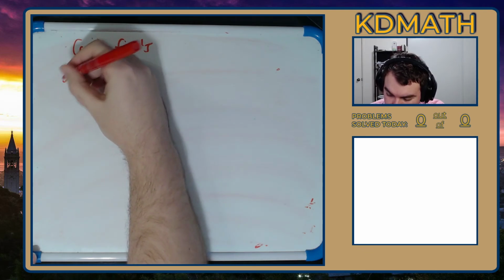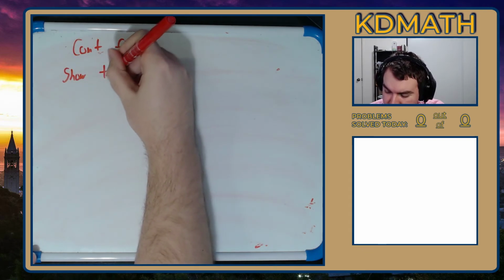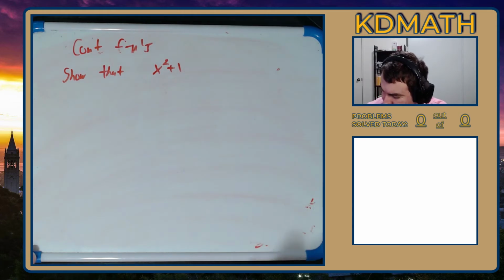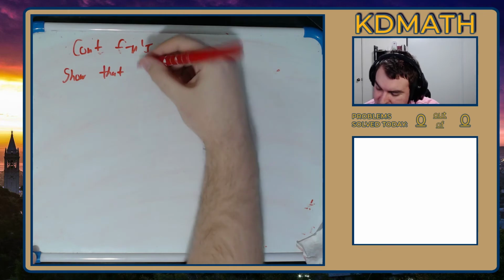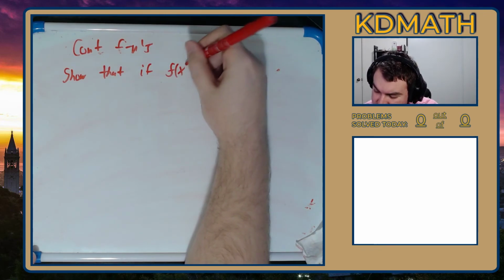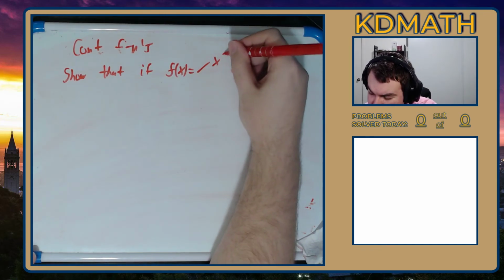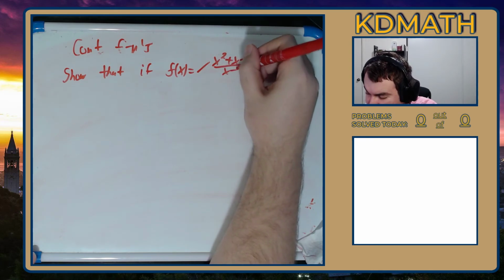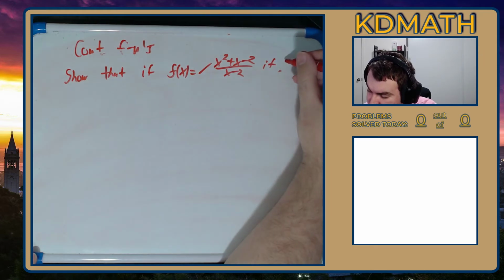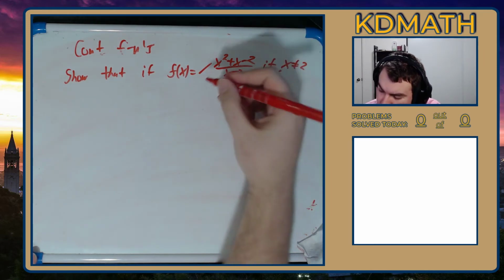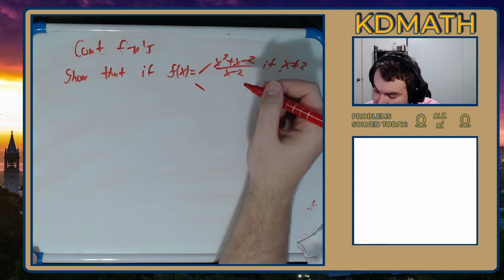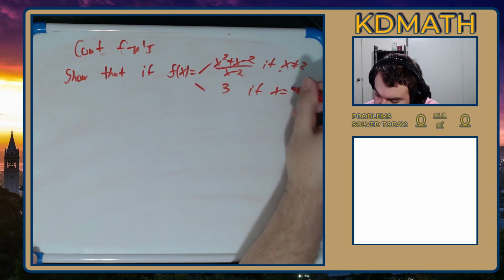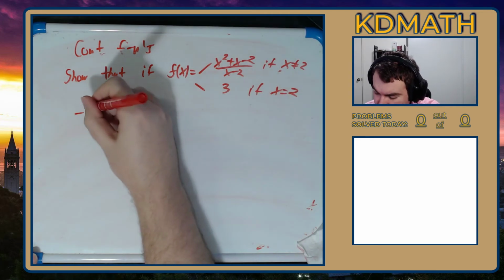Show that if f of x equals x squared plus x minus 2 divided by x minus 2 if x is different than 2, and 3 if x equals 2, show that this function is continuous.